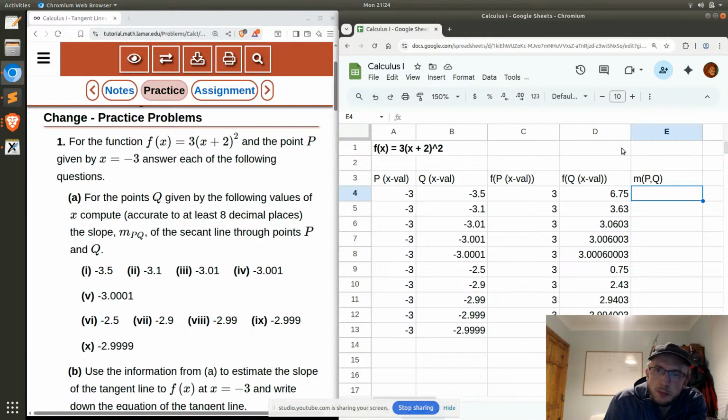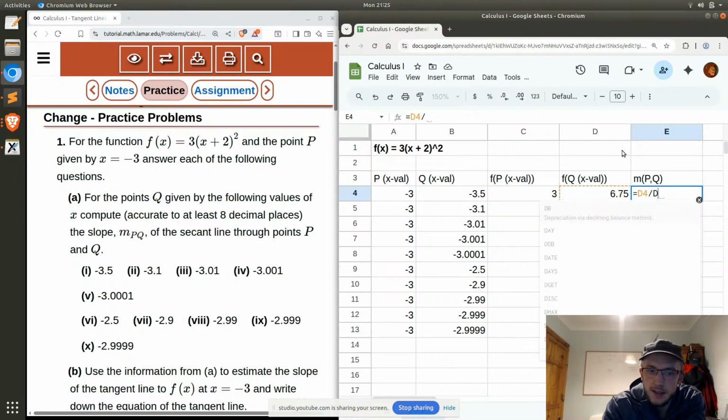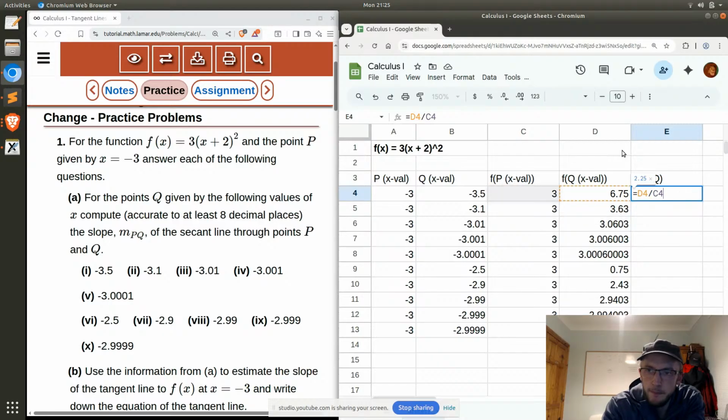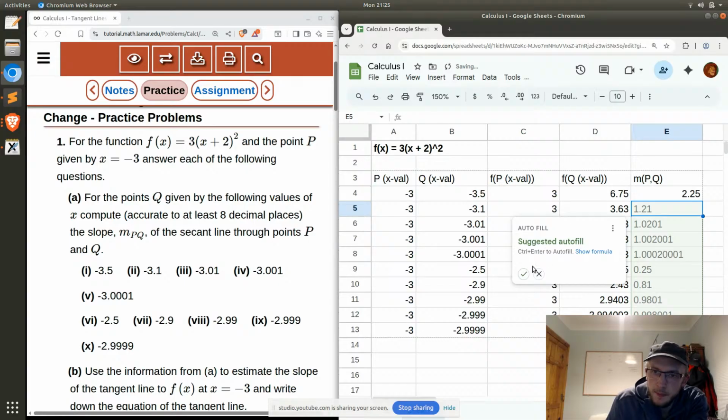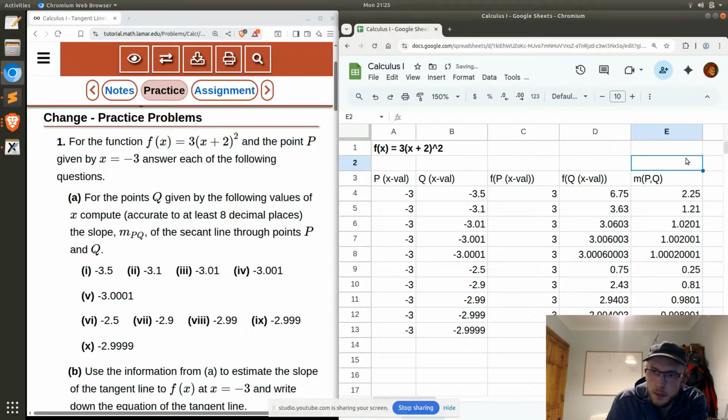Okay. And now the slope of the secant line that passes through points P and Q will be the change in the y values, so D4 over the change in x, C4. And there you go.